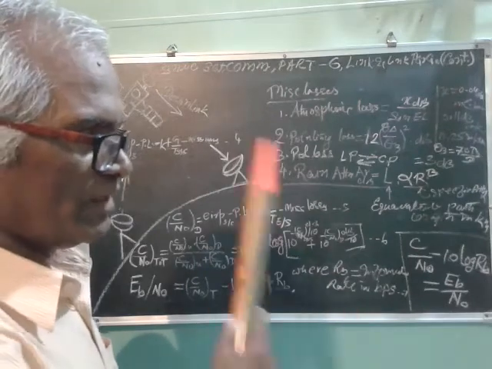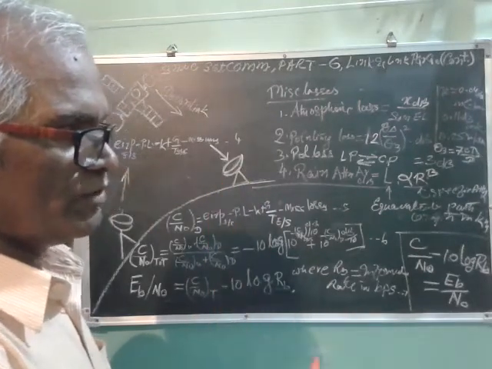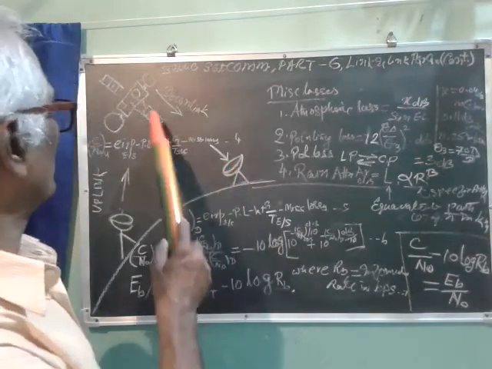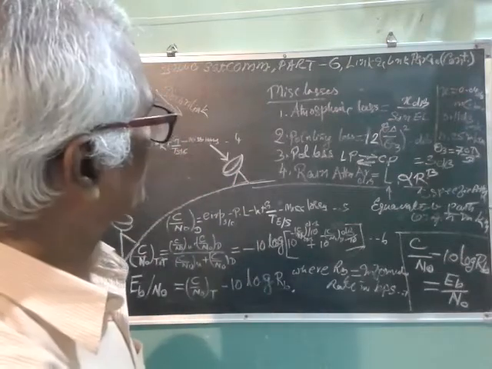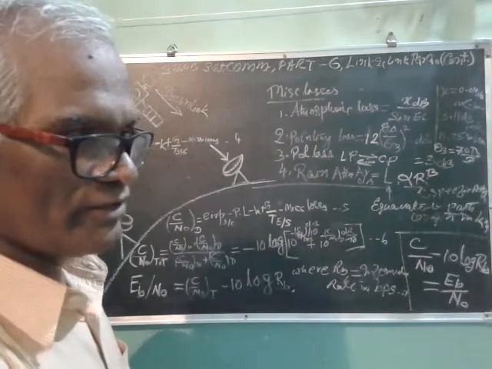Because the polarization and frequency are both different, there will be no interference in either the ground station transmit-receive side or the satellite transmit-receive side. Therefore, in polarization loss, generally it will be 0.